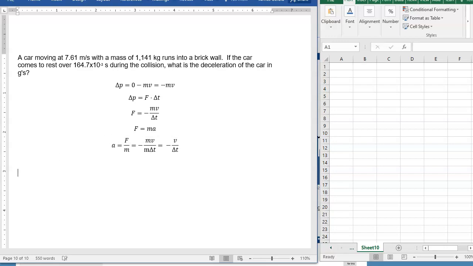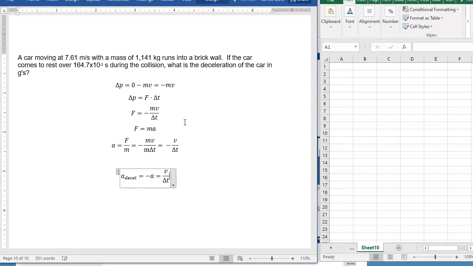Now here's where that's acceleration. Deceleration is minus the acceleration, so v over delta t. Now we have the deceleration of the car, and we want it in G's.